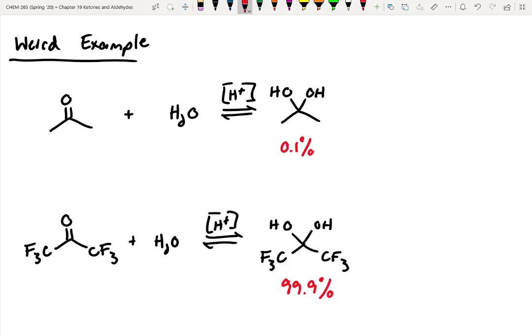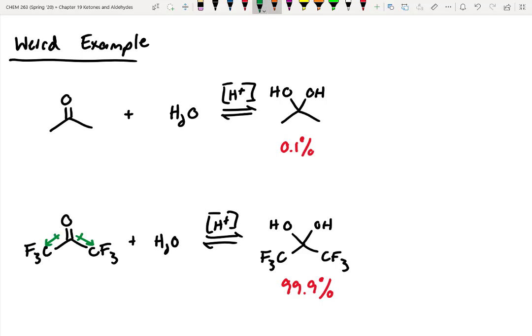So then the question is, well, why is this occurring? Why is this ketone more electrophilic? Well, it kind of makes sense. If you think about what makes a good electrophile, it's something that's deficient in electron density, right? In this case, the CF3 groups are really, really polar. Really electron withdrawing.